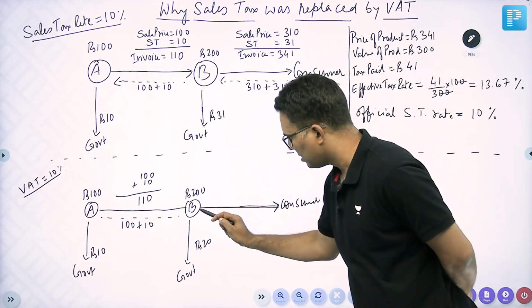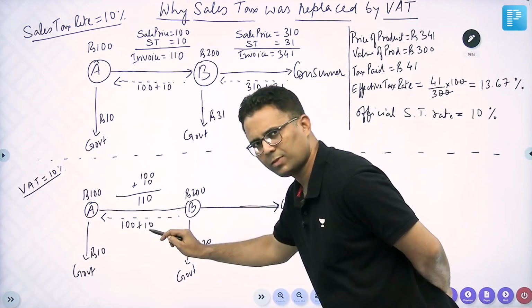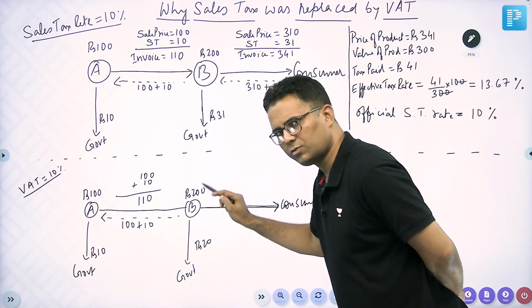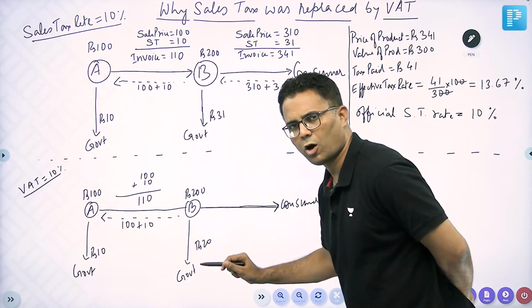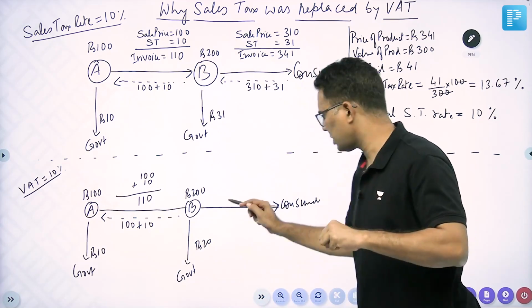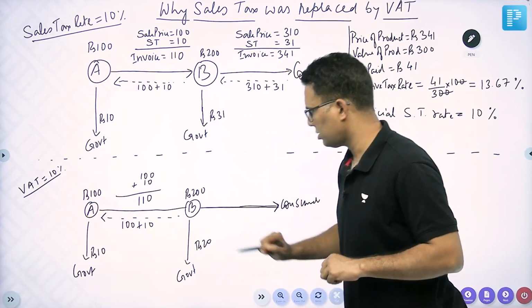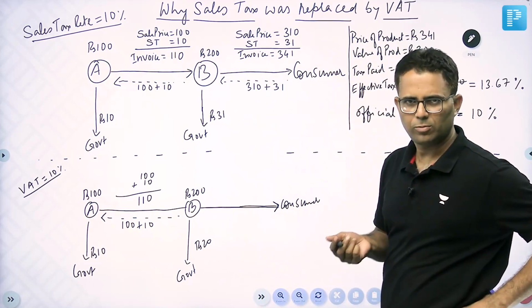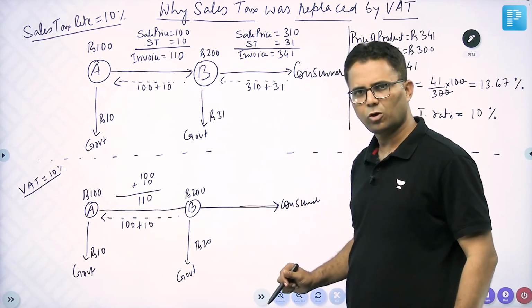So, see here, B has paid 100 plus 10, B wants 200 for his work and B has to pay 20 to the government. So, how much B would like to get from the consumer? 110 plus 200 plus 20. So, it will become 330, because B has to pay to government also 20.